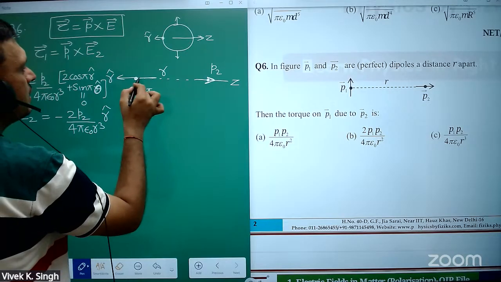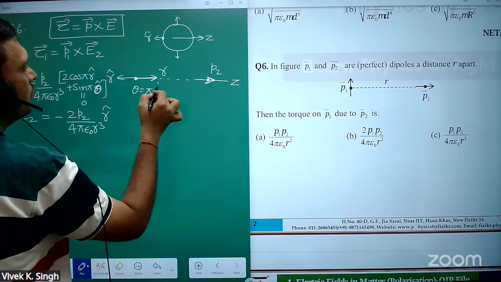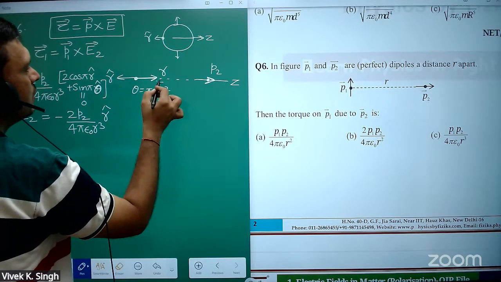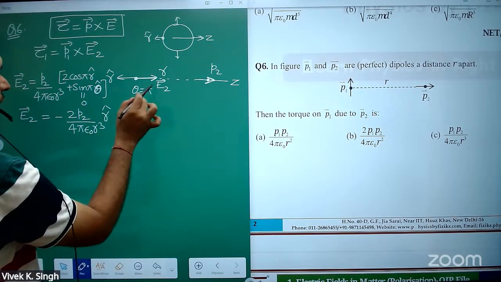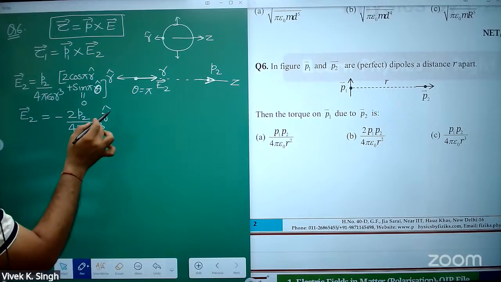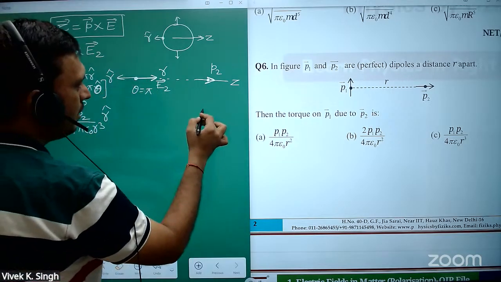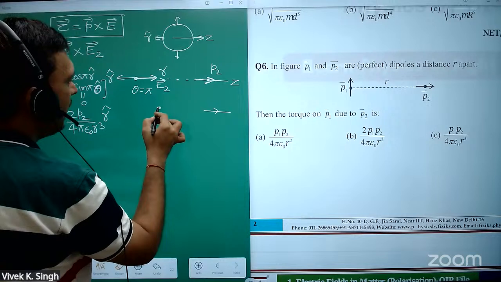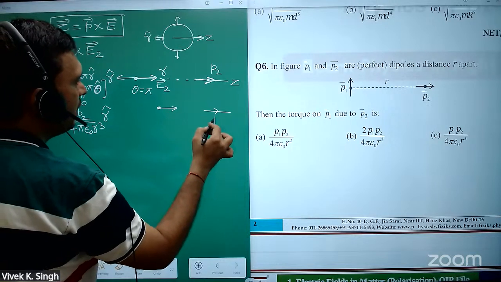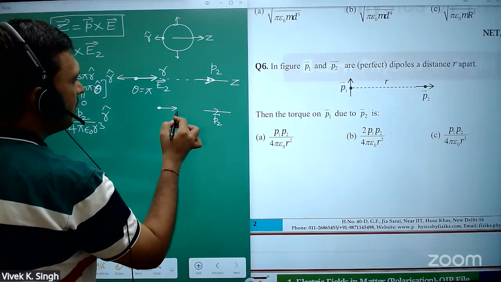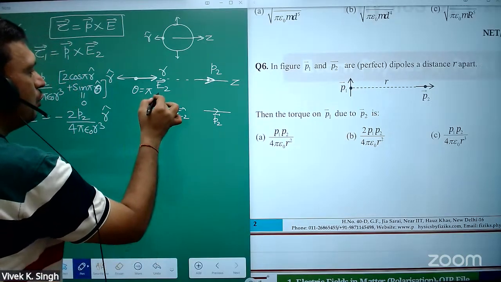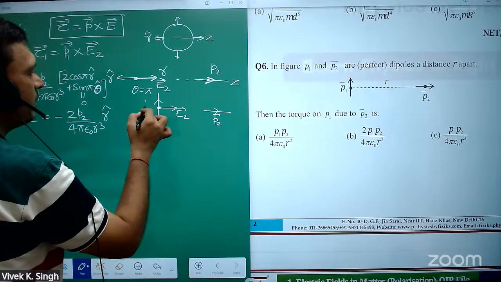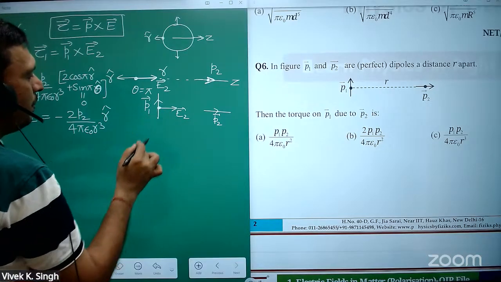So I'm taking this direction to be E2. Because this is the r cap direction, the electric field is in the minus r cap direction. Again, if this is the dipole direction, at this point this is the direction of E2. Now, if you place a dipole P1 here, what will be the torque? P1 cross E2.